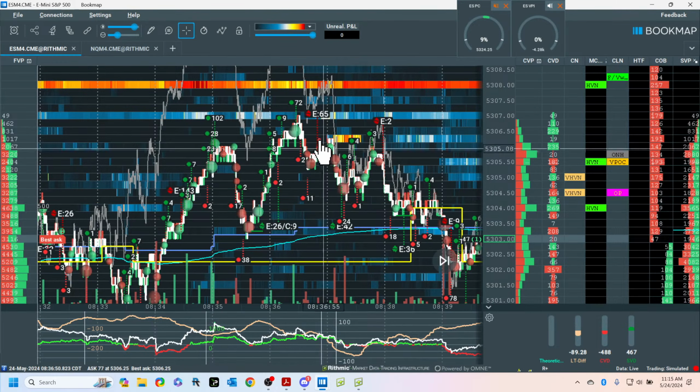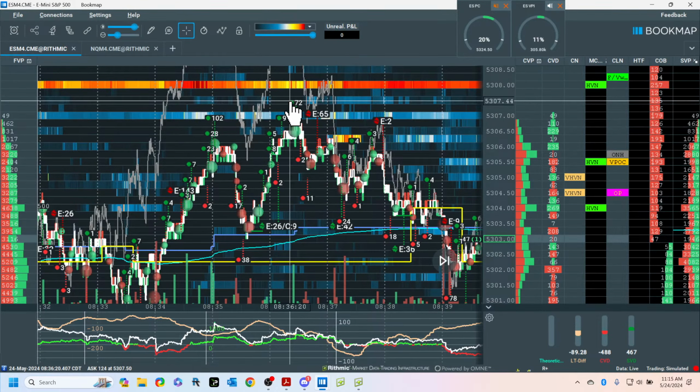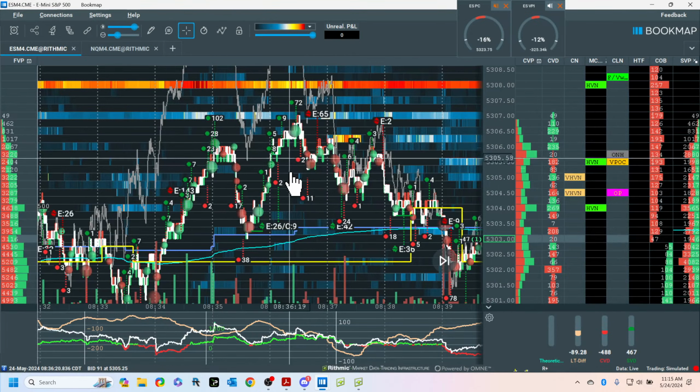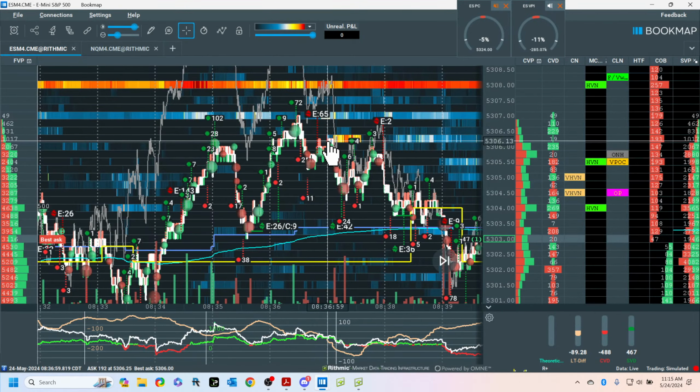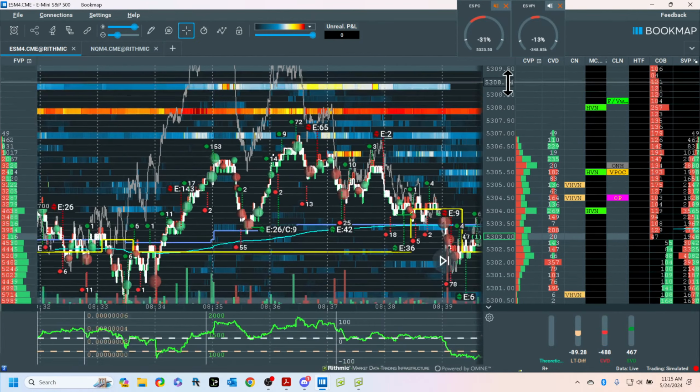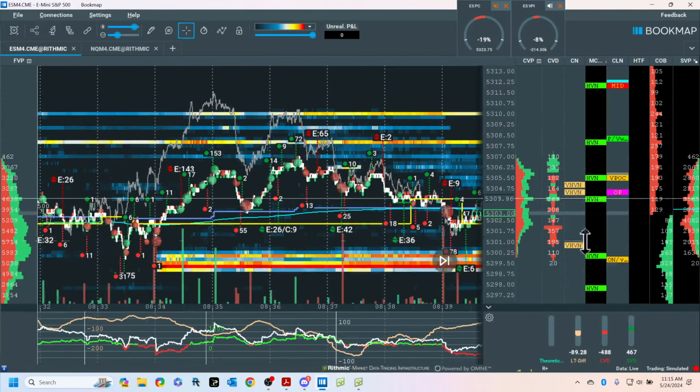VPOC migration. Now, up here, we come back to the overnight high. Let's take a look. Now, remember, there's a couple possibilities here. We have statistics. We're going for 33 and change on the upside, and maybe this is the low of the day, right? Overnight volume point of control, too low. But there's one other statistic.